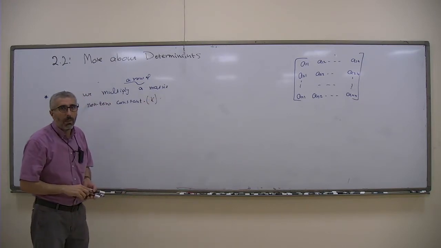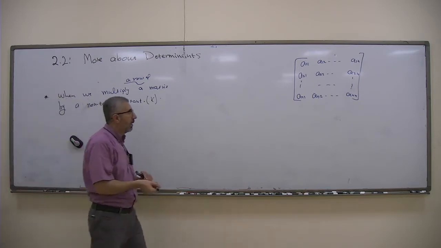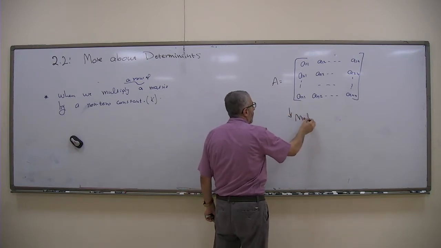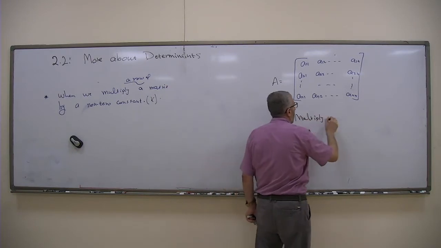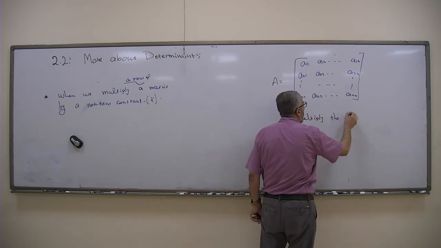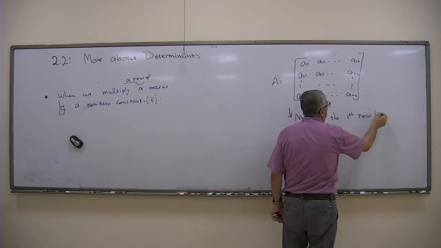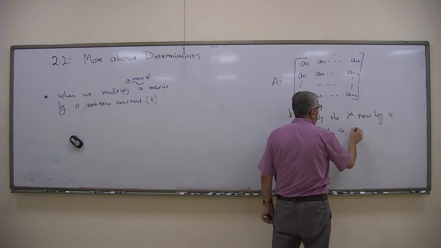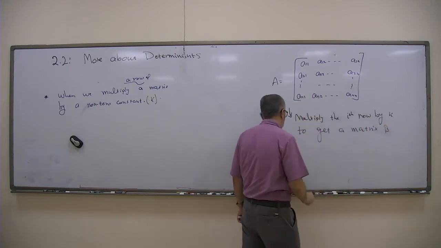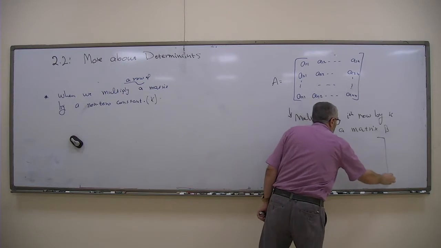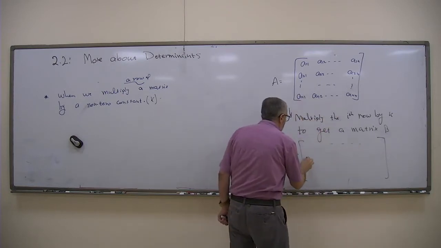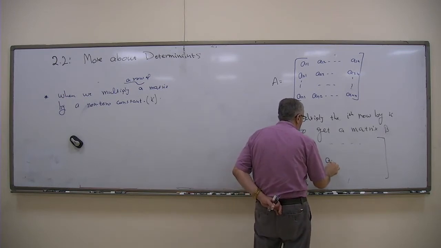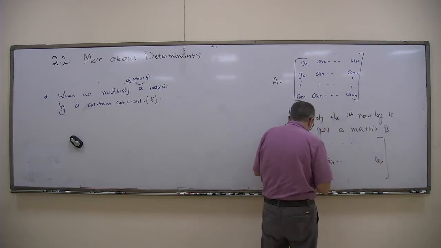What happens? So you have a matrix A, and here you multiply the ith row by k to get a matrix B. Here is B, everything is the same except the ith row, and we multiplied that by k.